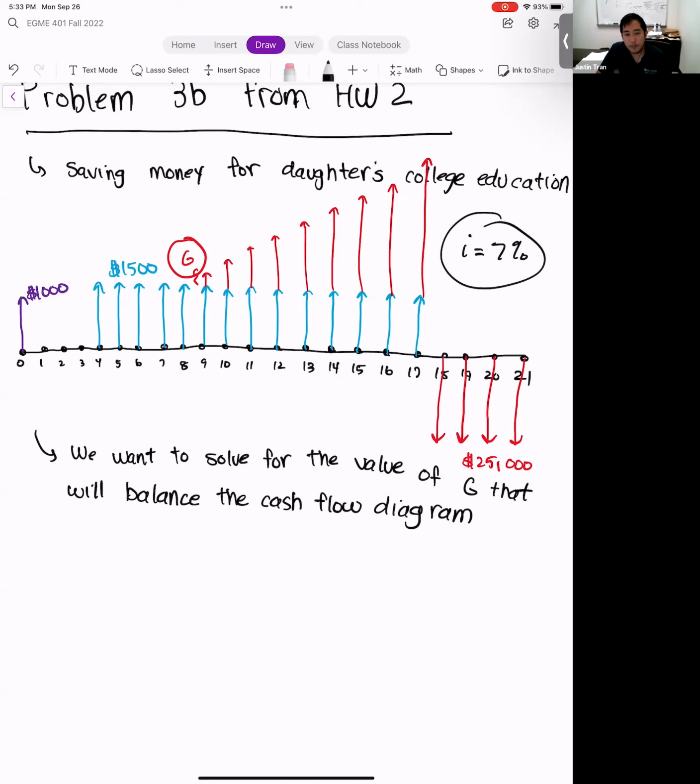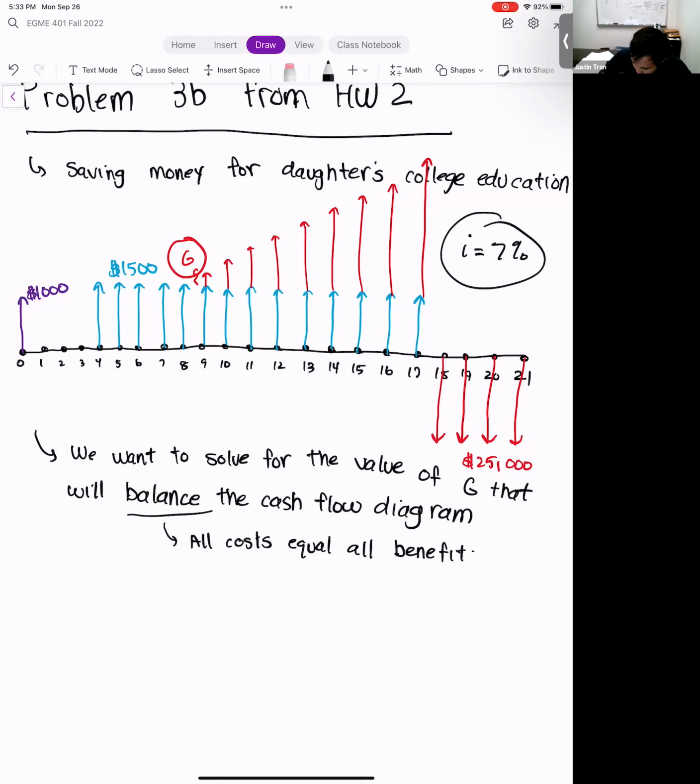By balancing the cash flow diagram, all that means is that we put all the benefits on one side, all the costs on the other, and we set them equal to each other. So balance means that all costs equal all benefits.